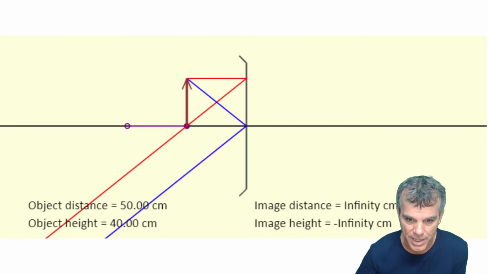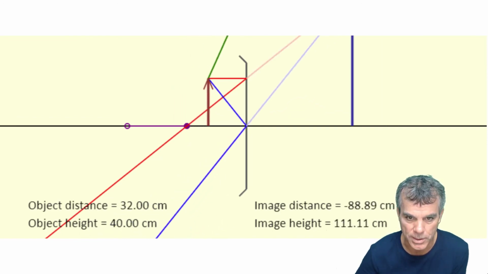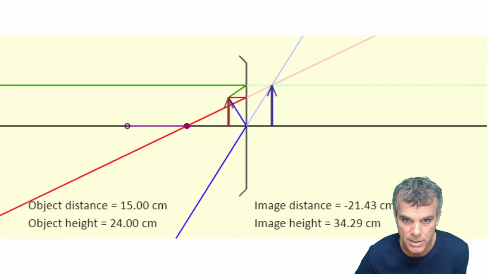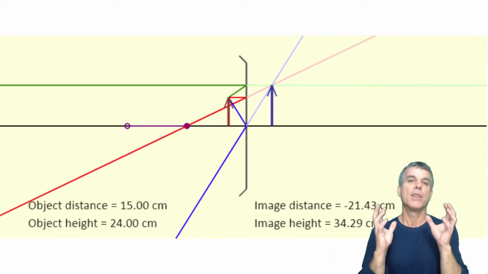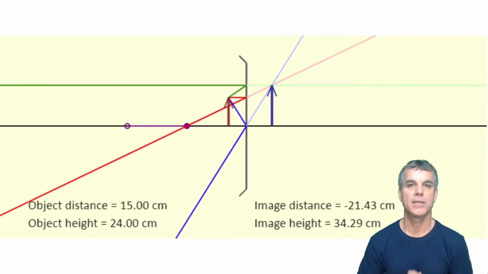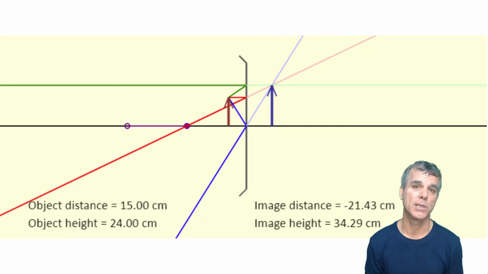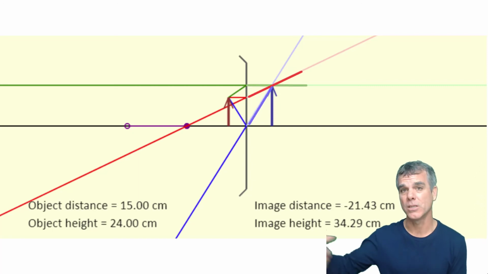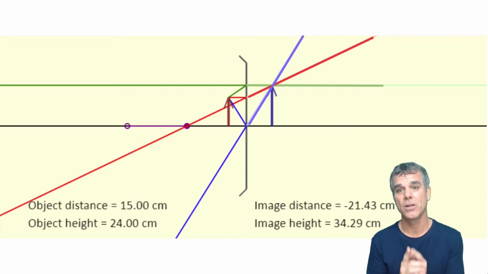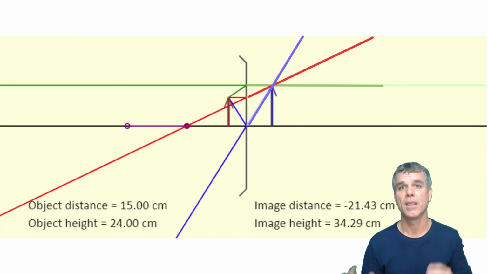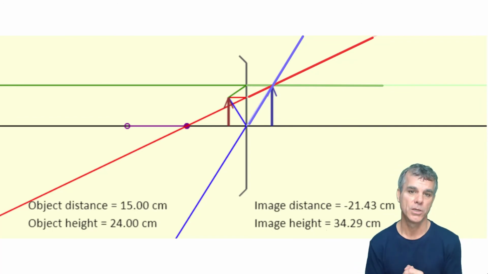And then if I am in front of the focal point, then what I get, let me decrease this height a bit, is the 3 rays after reflecting from the concave mirror do not meet at a single point. However, if I trace those rays backwards, they look like they originated from a point behind the mirror. This is a virtual image.